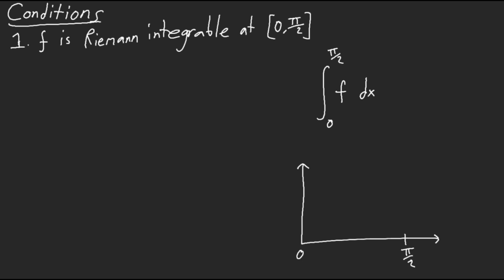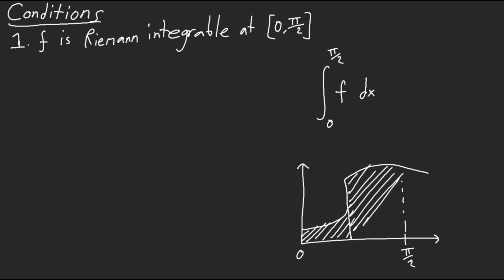It could literally be like this, and this is still integrable. Why is this still integrable? Because it's Riemann integrable. And what it means to be Riemann integrable is that I can splice this, and I could still take the area under the curve. Whatever this is, this is Riemann integrable.